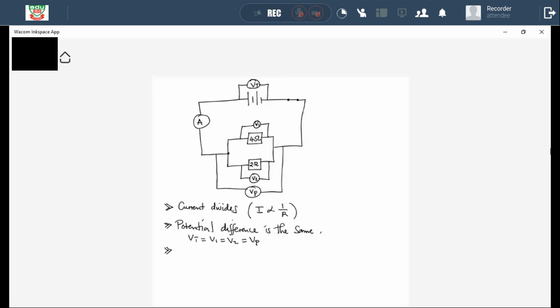In a parallel circuit, the total resistance decreases with an increase in the number of resistors. So what it means to us is whenever we add another resistor in parallel, the total resistance decreases.